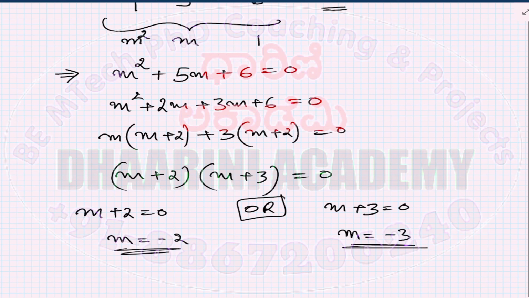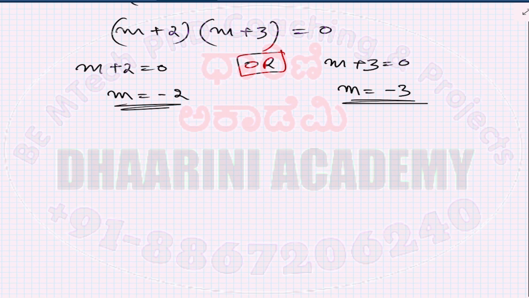So m equal to minus 2 is one answer, m equal to minus 3 is the other answer. Now I'll write all the roots I have. The first root we got earlier at the top is minus 1. Next root is minus 2. Next root is minus 3. So in this case we have 3 roots.